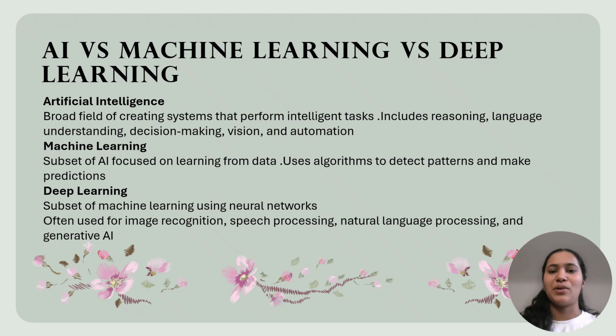Machine learning is a part of AI where the system learns from the data. Deep learning is a more advanced part of machine learning that uses neural networks with many layers. Deep learning is especially useful for complex tasks such as image recognition, speech recognition, and natural language processing.